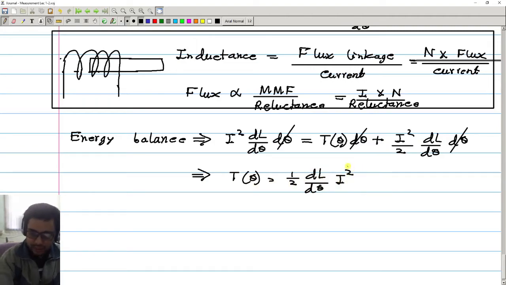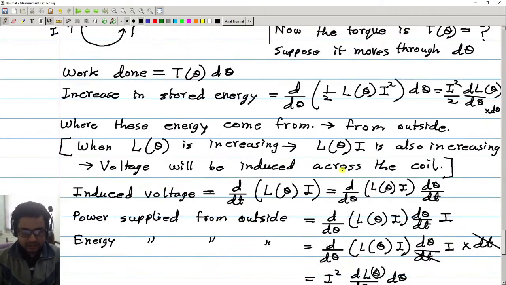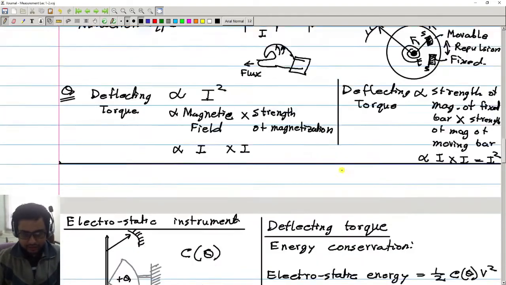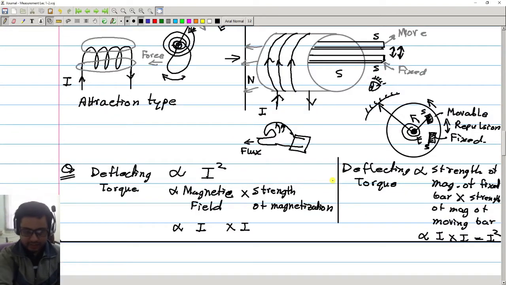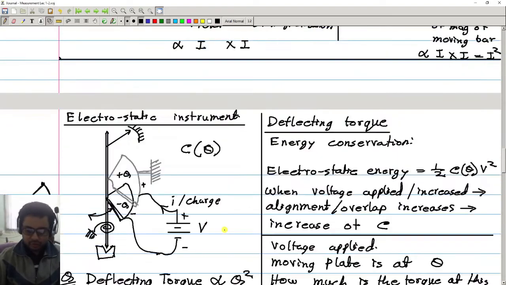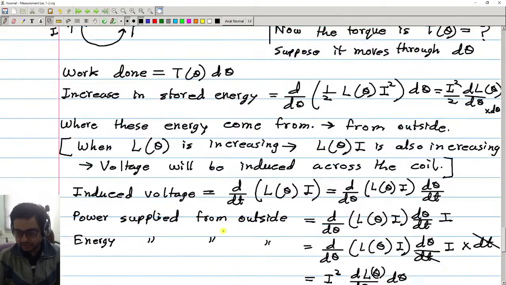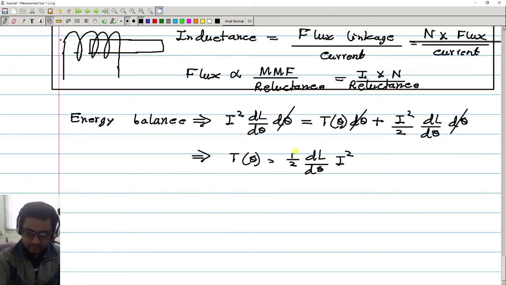Once again, as we previously told, this torque must be proportional to I square intuitively, and now we also see that is the case here.